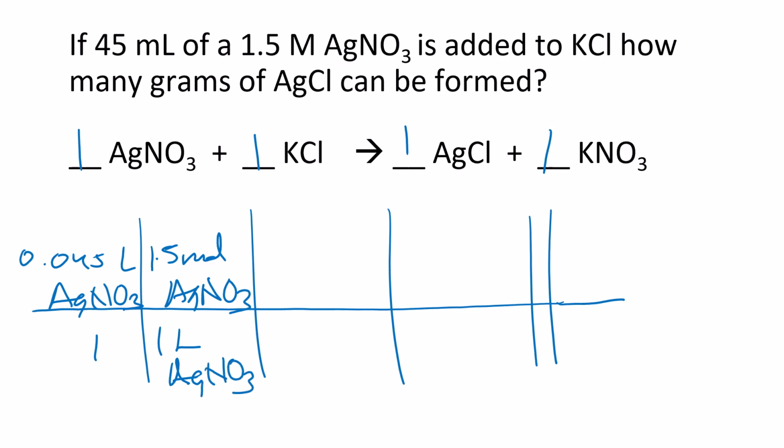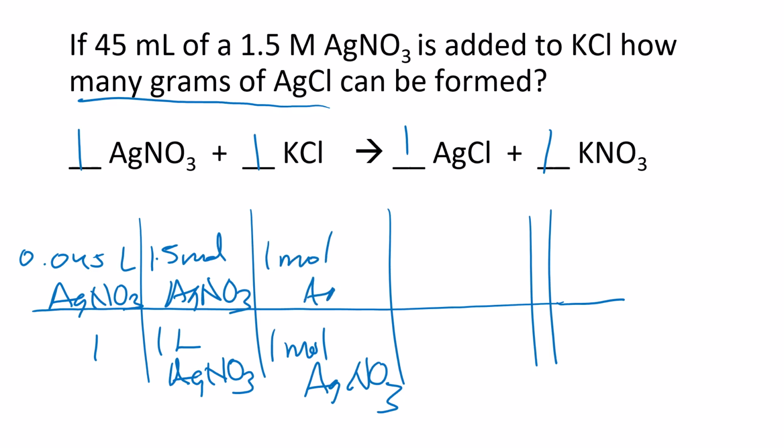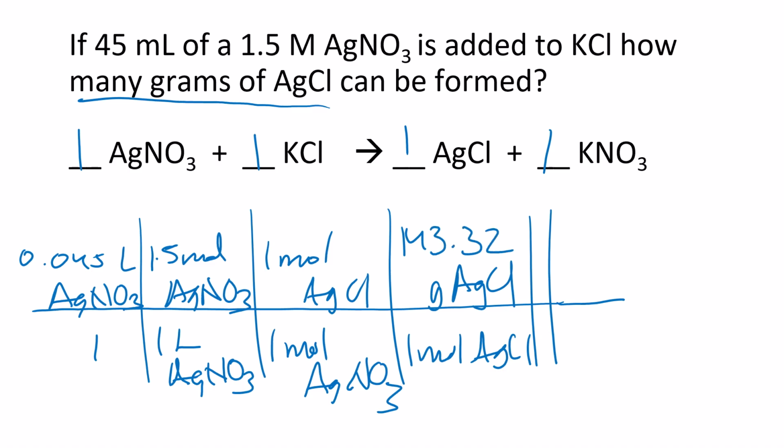Let's see, 1 mole of AgNO3. I want to convert to grams of AgCl, so on the top will be 1 mole of AgCl. So 1 mole of AgCl on the bottom, then my molar mass of AgCl on the top. So 107.87 plus 35.45 is 143.32.